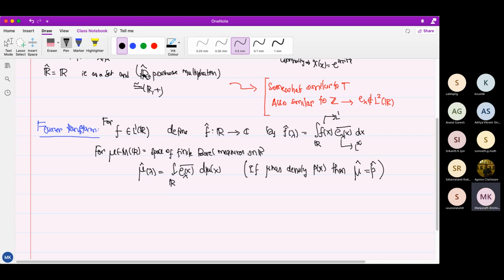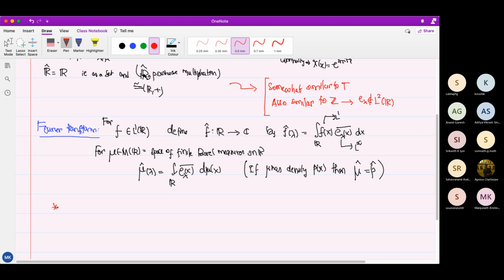So Fourier transforms of functions and Fourier transforms of measures are not two arbitrarily defined things. They agree: when mu has density p, then mu hat is the same as p hat. But the main point is that conceptually you can define it for finite measures and L1 functions, not directly for L2 functions. So what are some of the properties that one can think of here?